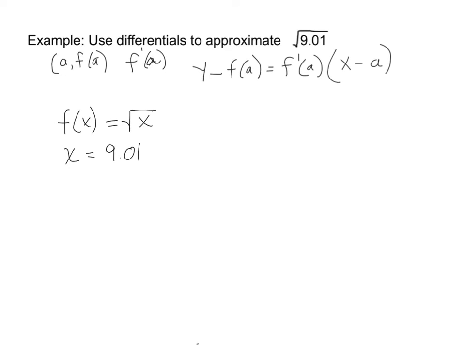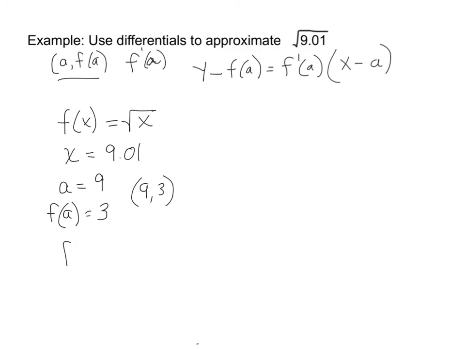Then for A, we're going to select a number that's very close to 9.01. And so in this case, it just seems very obvious to use 9. All right, and then we're going to take the square root of 9, right? We're going to take f of 9, and that would be our point. So this is 9, 3 is our point, A, f of A.